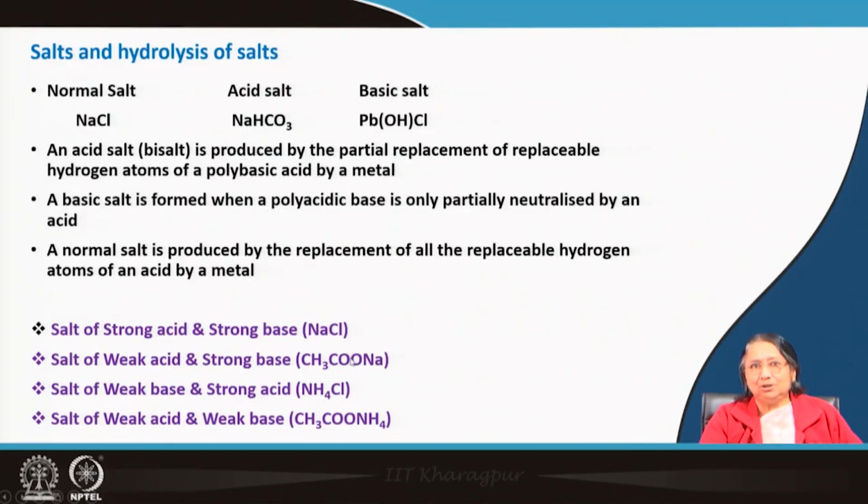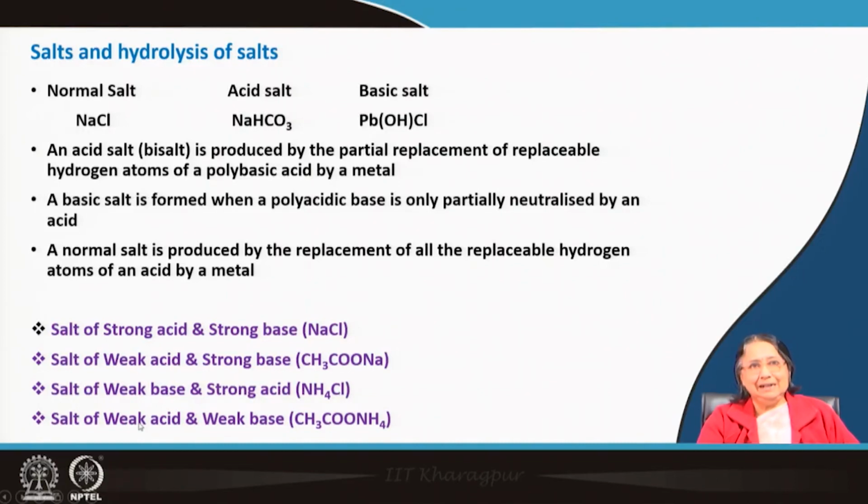Now, there are salts like sodium acetate, which is produced from acetic acid and sodium hydroxide, so a weak acid, acetic acid, and a strong base, sodium hydroxide. There is another type, for example ammonium chloride, which is produced from a weak base, ammonium hydroxide, and a strong acid, HCl.